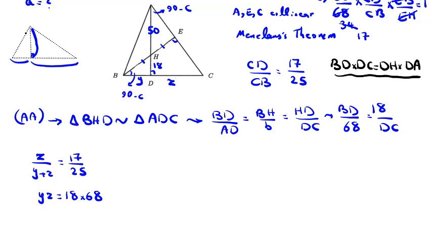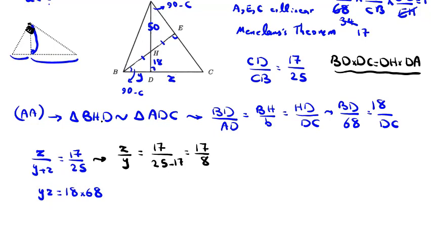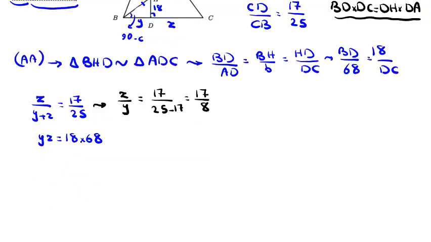Because we know the product YZ, to find the relationship, the ratio Z over Y is 17 over 25 minus 17, which equals 17 over 8. Now, Z is 17 over 8 times Y. If we replace it here, Y times 17 over 8 times Y equals 18 times 68.